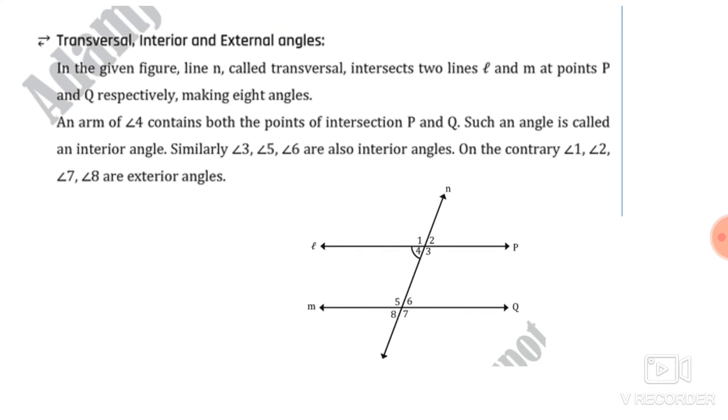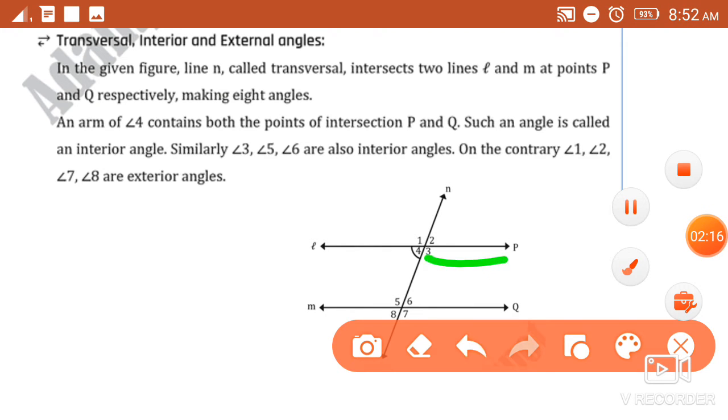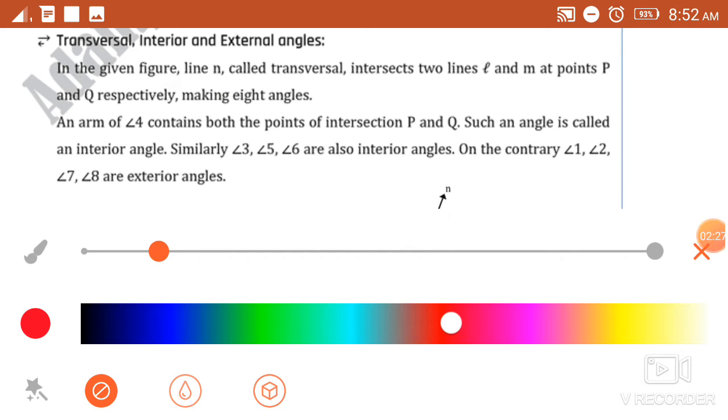Let us draw another angle. For example, we have taken angle 3, this one. If we draw its arms, this and this, we can see this is our angle 3. We can see both the points of intersection, point P and point Q, lie on the arms.